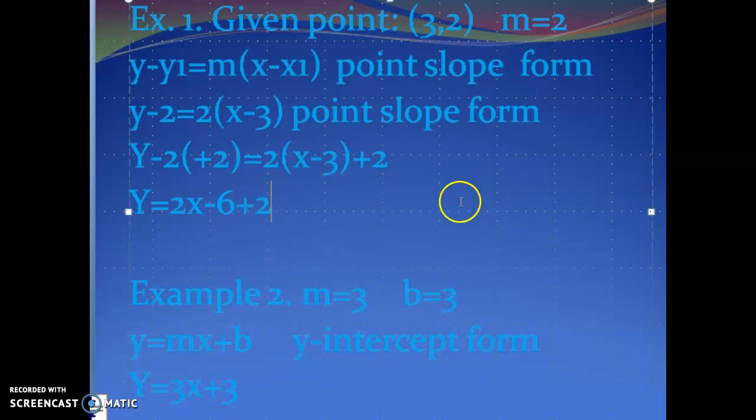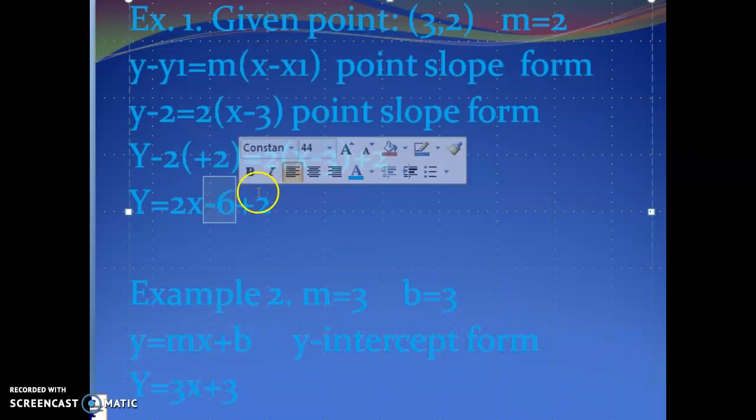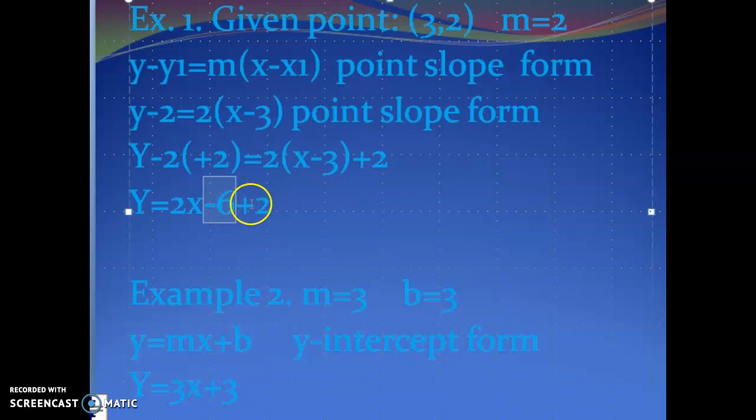Now we can combine like terms. Like terms are the same kind of term. If they have no x and are only a number, they are called constants. But if they have a number and the x, or the letter, the number is called the coefficient. The coefficient is the number before the letter, and the letter is called the variable.